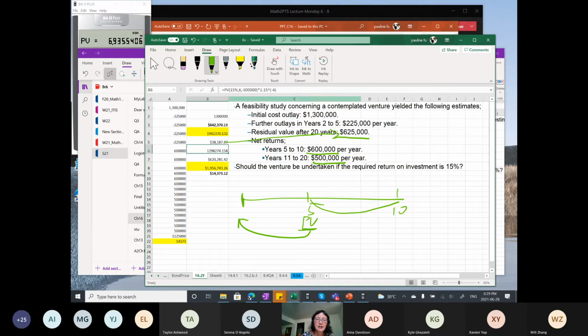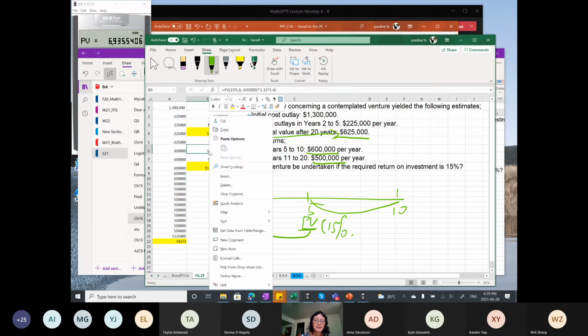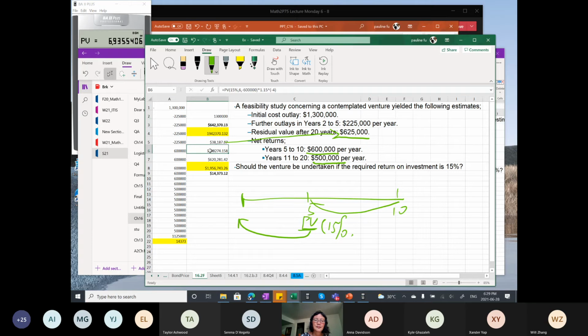That's why in this formula, this part is the annuity: PV equal to 15%. It is 6 years, from year 5 to year 10, and each year it is negative 600.